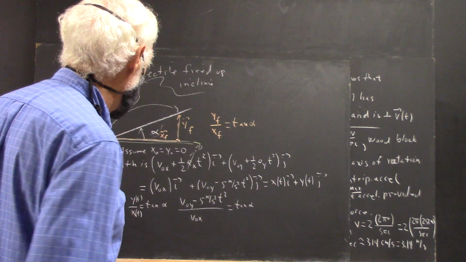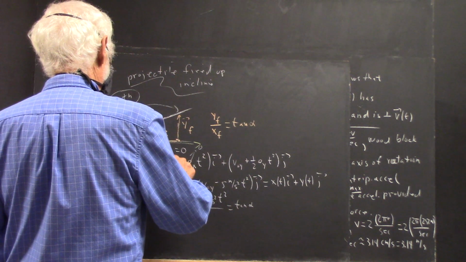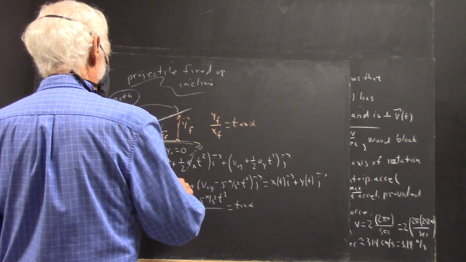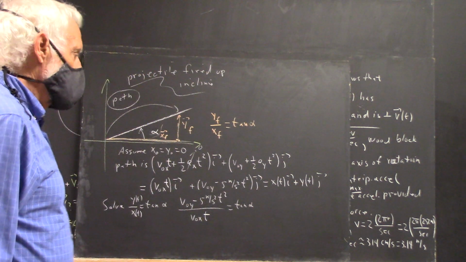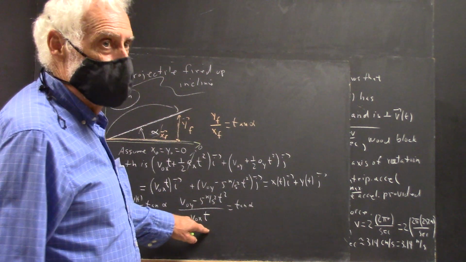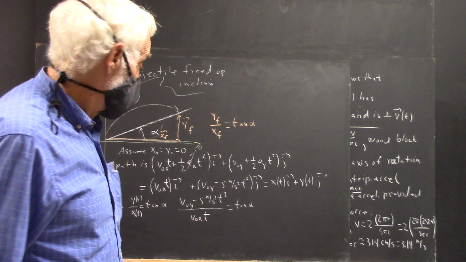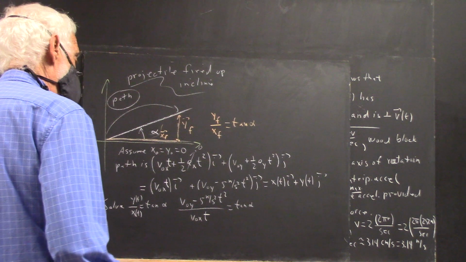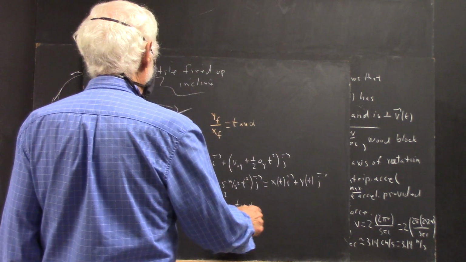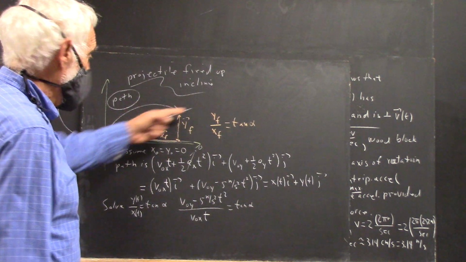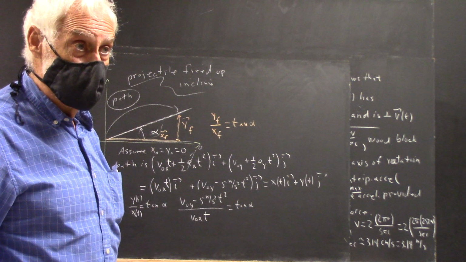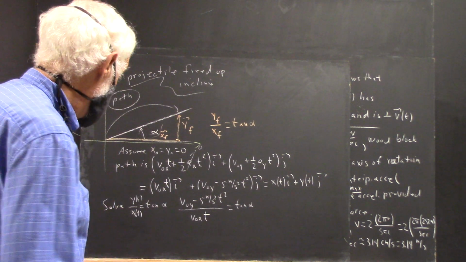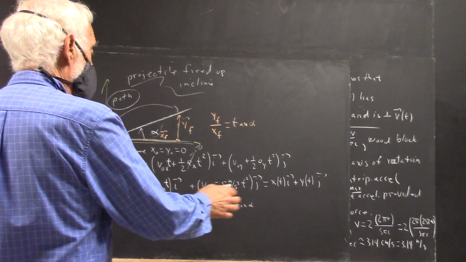I've got v naught x here, v naught x times 2. Looking at this equation, I suddenly discover I needed a t here. Well, tangent of alpha, if you're given the angle, is just a number you can calculate with a calculator, right? So what kind of an equation is this?